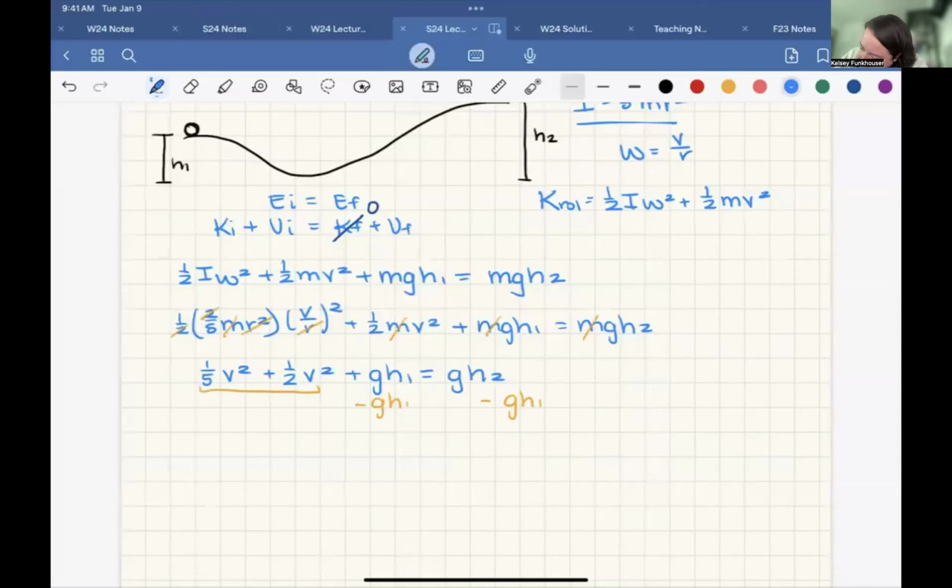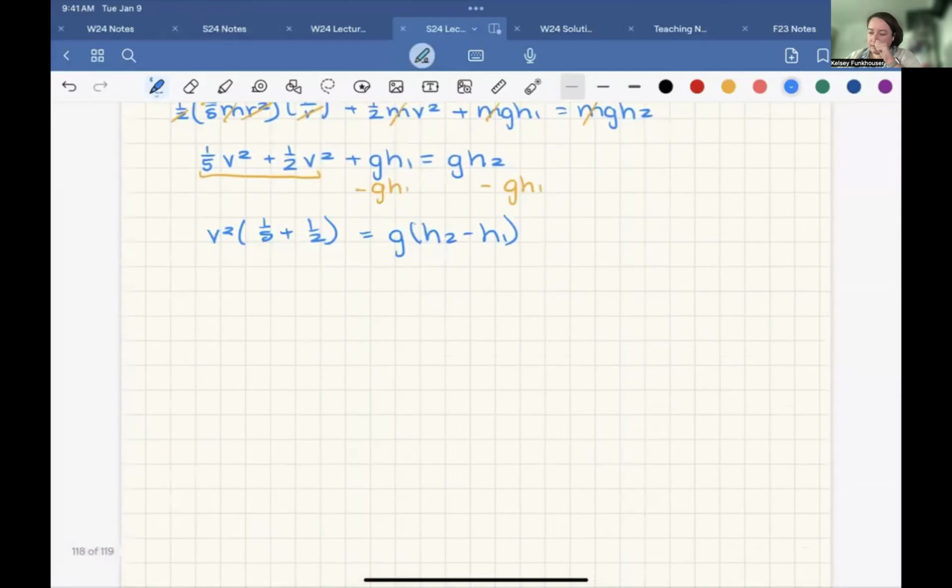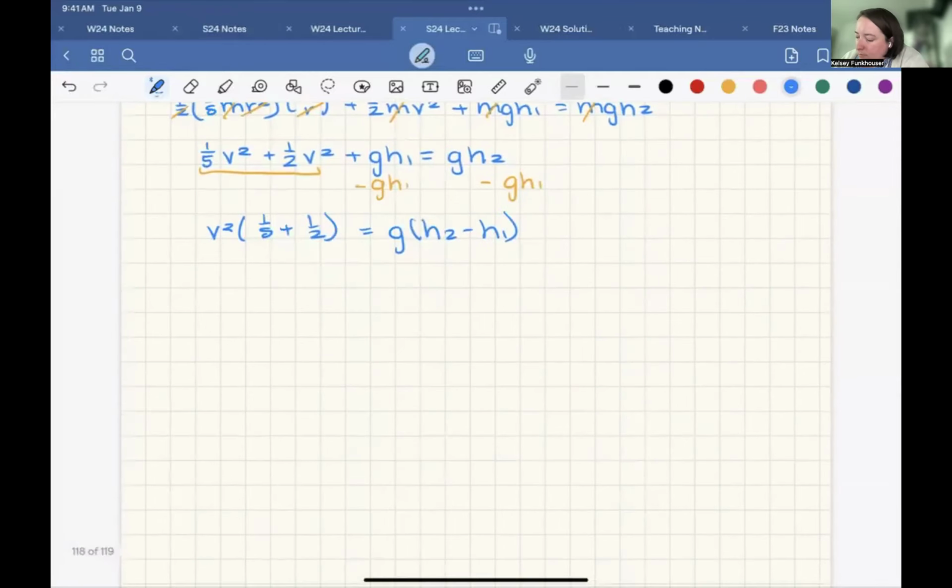So, well, first I'll write it like this: v squared times 1/5 plus 1/2 equals g times height 2 minus height 1. So 1/5 plus 1/2 is 7/10. So we get 7/10 v squared equals g times h2 minus h1.